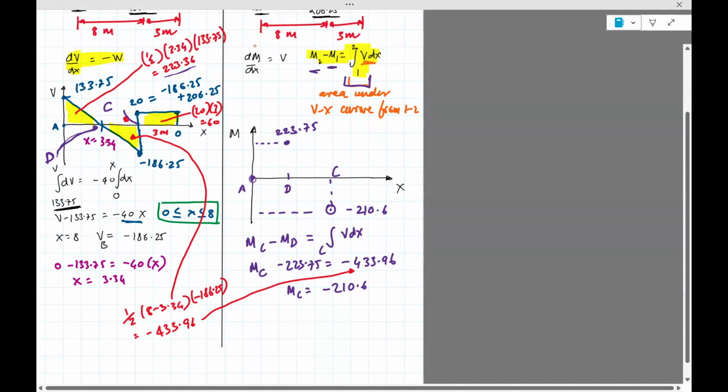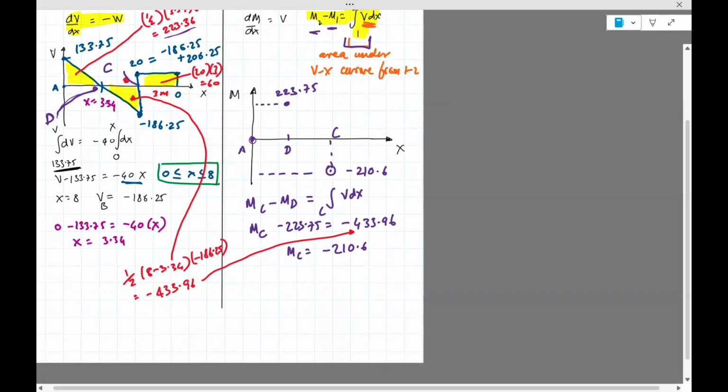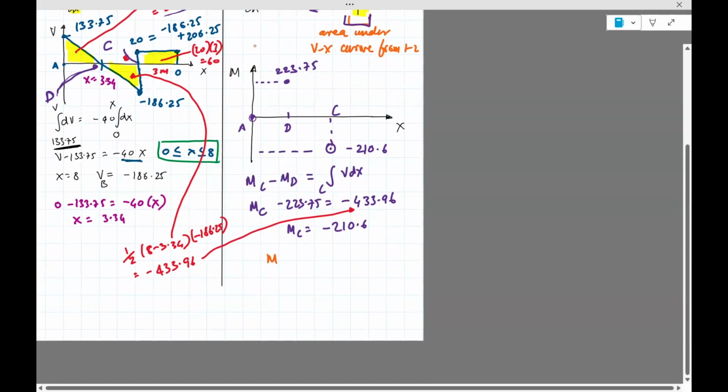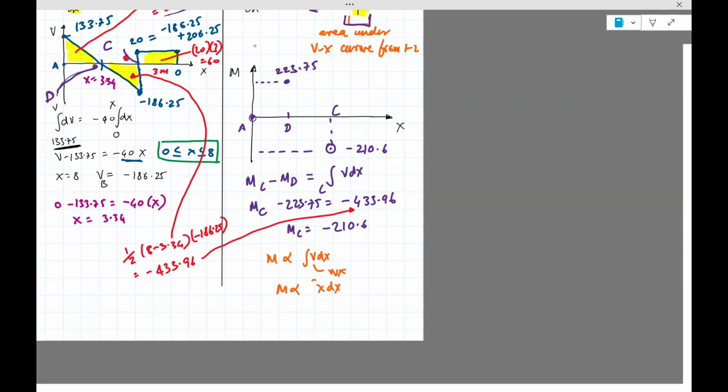Now we know that if V here is a straight line, V is proportional to X. So we have M is proportional to the integral of V dx, but V is proportional to X. So M is proportional to the integral of X dx, right? So when you take the integral, it's something like X squared divided by 2.